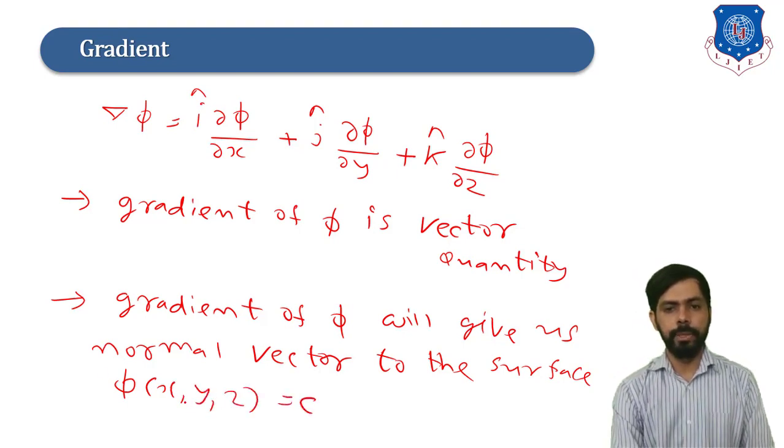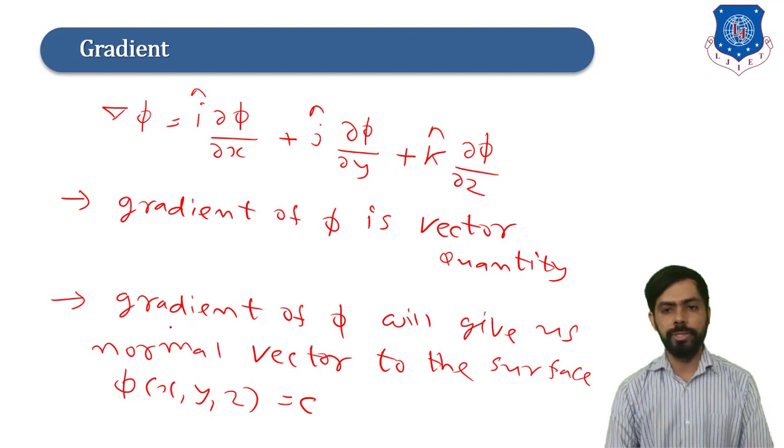So this is the geometrical importance of gradient. Using gradient we can find the normal vector to the surface. Now let us discuss examples related to gradient.